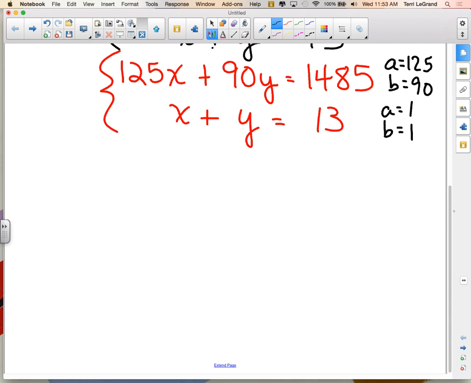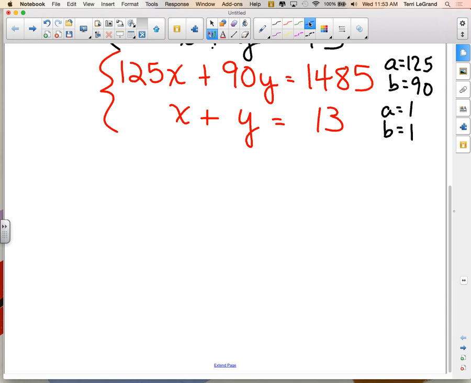What's another option we have? Take the second equation times negative 125. So it kind of seems like we just want to rename the second one, don't we? That would be the easiest. Why rename both of them if we don't need to? Because then we have to rename both of them, and then we'd have to find a multiplier, so we just complicate the matter.